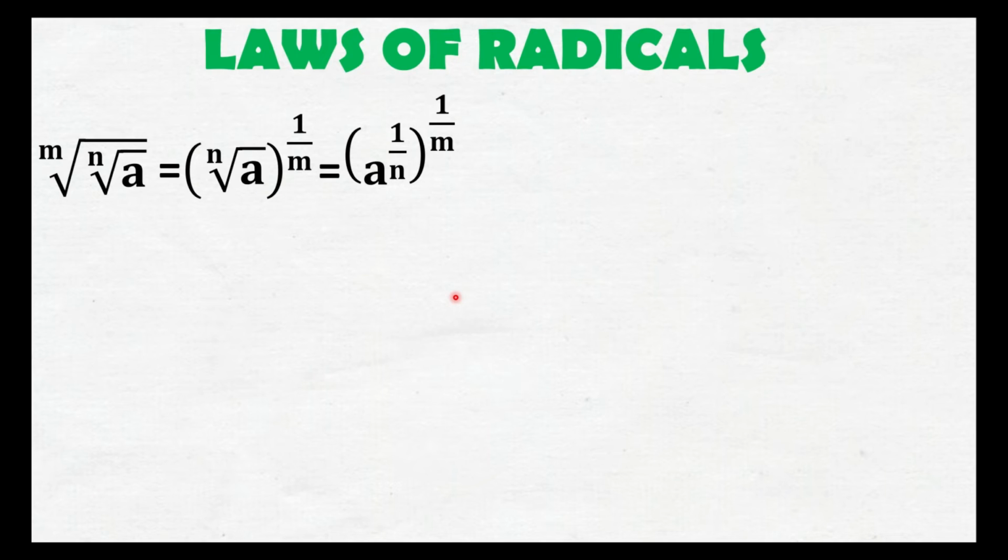Okay? And then, by power rule, pwede natin i-multiply itong 1 over n at saka 1 over m. Di ba? Numerator to numerator, 1 times 1 is simply 1, and n times m, that is simply nm or mn. Okay? So, we have a raised to 1 over mn or nm. Okay lang, kahit magkabaligtad dyan. Okay?